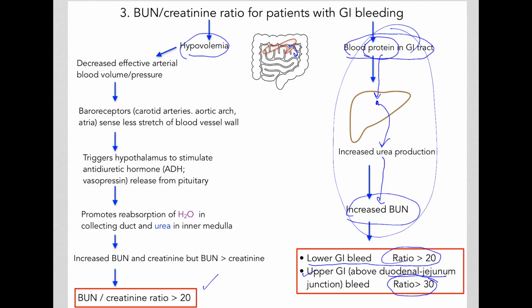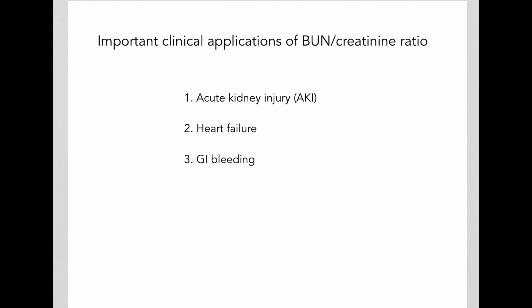So in this case, the BUN creatinine ratio helps the physician evaluate whether it's a lower GI bleed or an upper GI bleed. So these are the three most important applications of the BUN creatinine ratio in the clinical setting.